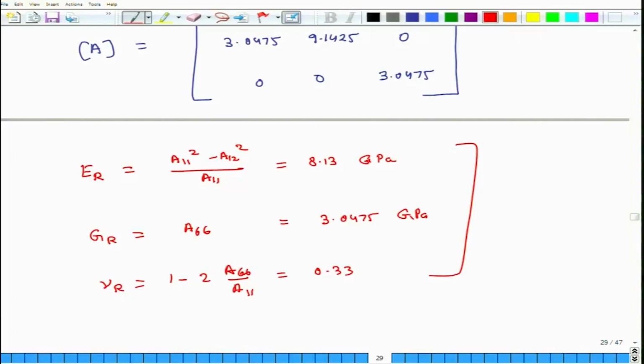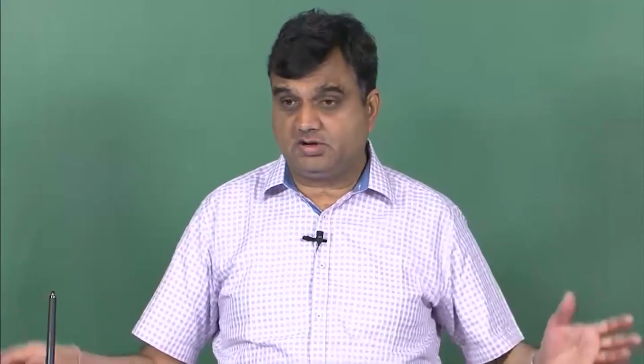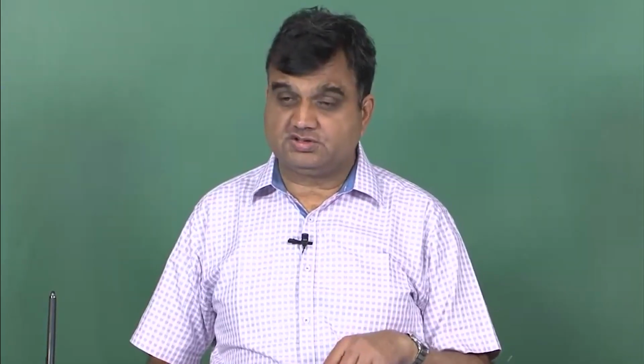The point here is that this is a very useful method not only to predict behavior of oriented laminates, but even if the laminate has randomly oriented fibers, we can use these principles to predict the Young's modulus, shear modulus and Poisson's ratio. These materials are used in a large number of applications, boats, fiberglass, tanks and things like that. So, you can predict their properties using this kind of an approach.